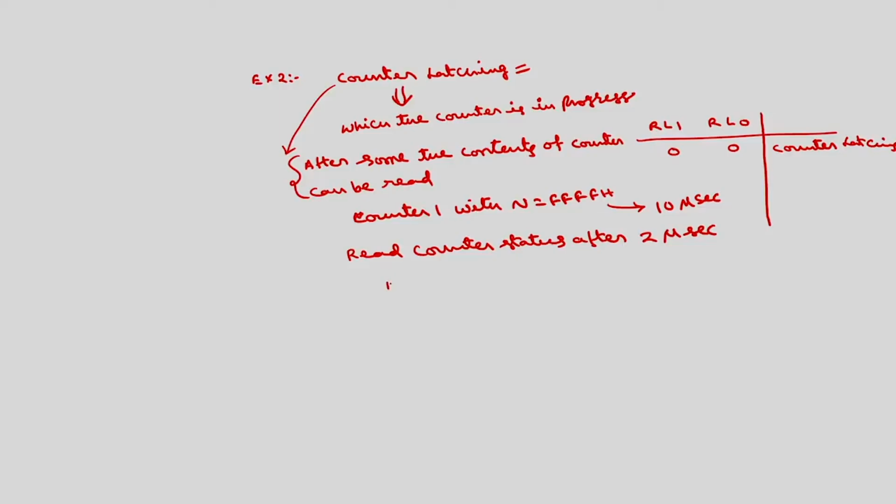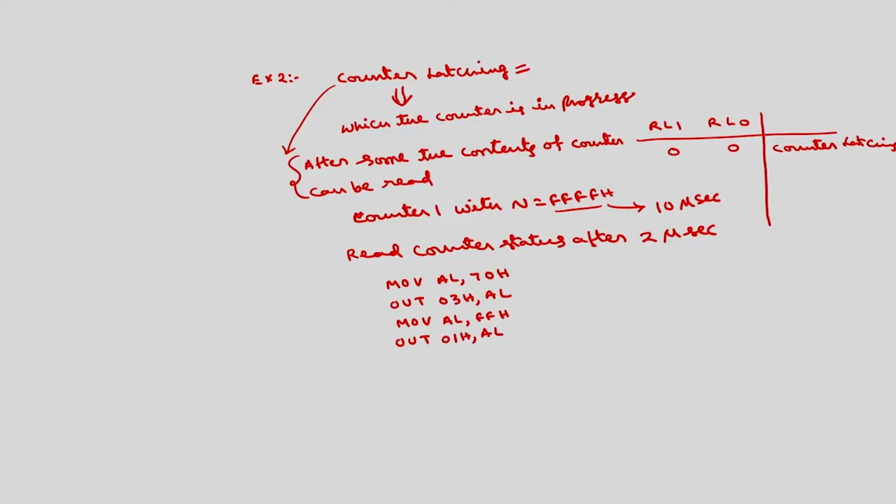So further the program will be MOV AL, 70H, as we have discussed. 70H is for programming counter 1 in mode 0 with a 16-bit count value. OUT 03H, AL, the control register. Then we have to load FFFFH: MOV AL, FFH, OUT 01H, AL, because this is counter 1 whose address is 01H.